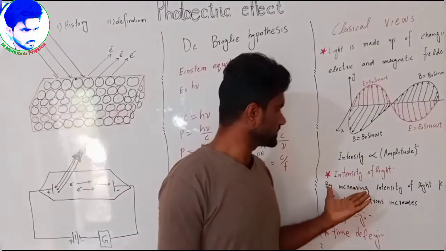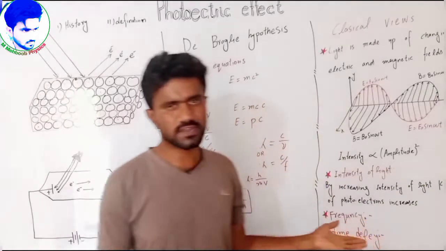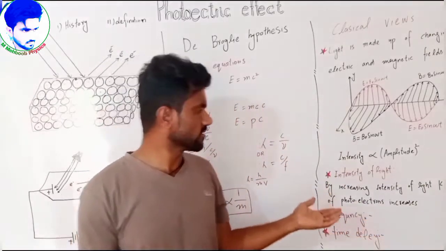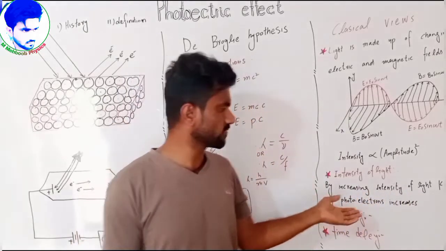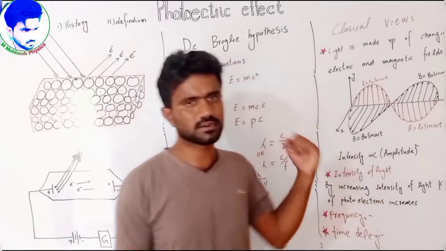According to classical physics, by increasing the intensity of the light, the kinetic energy of the emitted photoelectron will also increase.